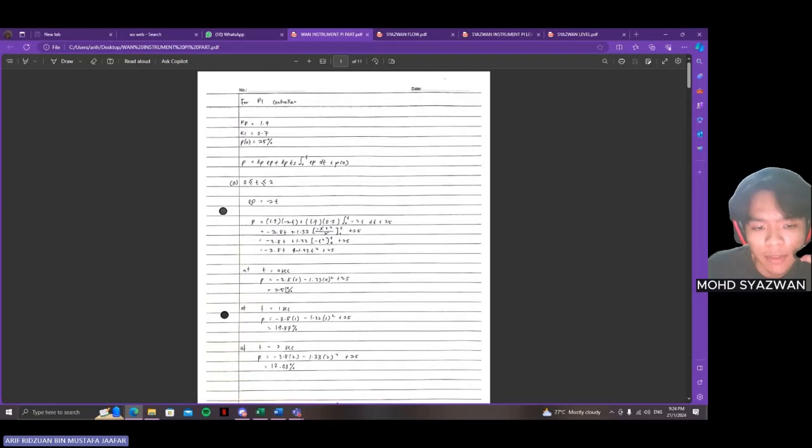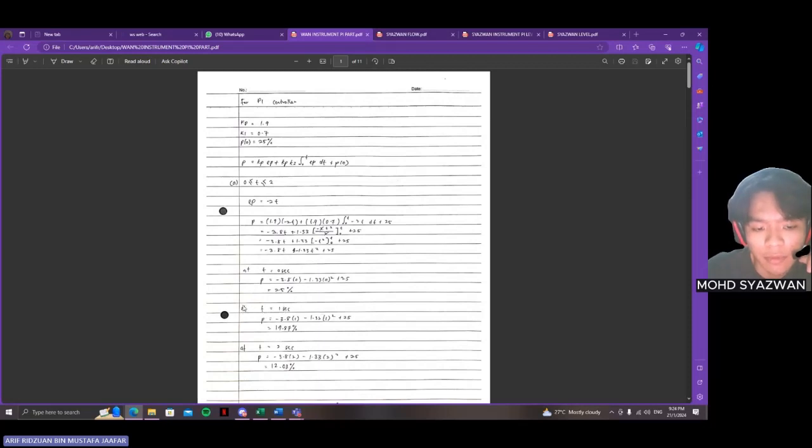We get the equation, and after settling this down, we plug in the time, starting with 0 seconds. Changing t to 0, P equals negative 3.8 multiplied by 0 minus 1.33 multiplied by 0 squared plus 25, and I get 25%.